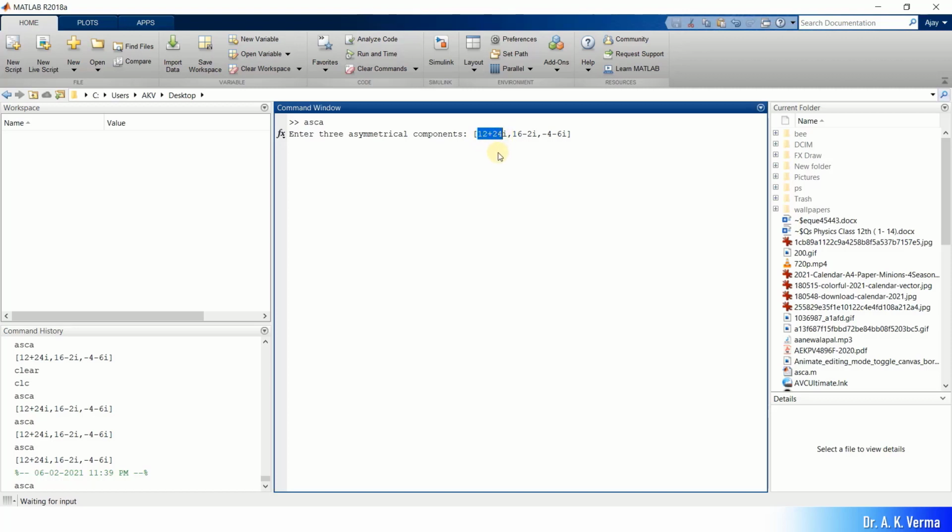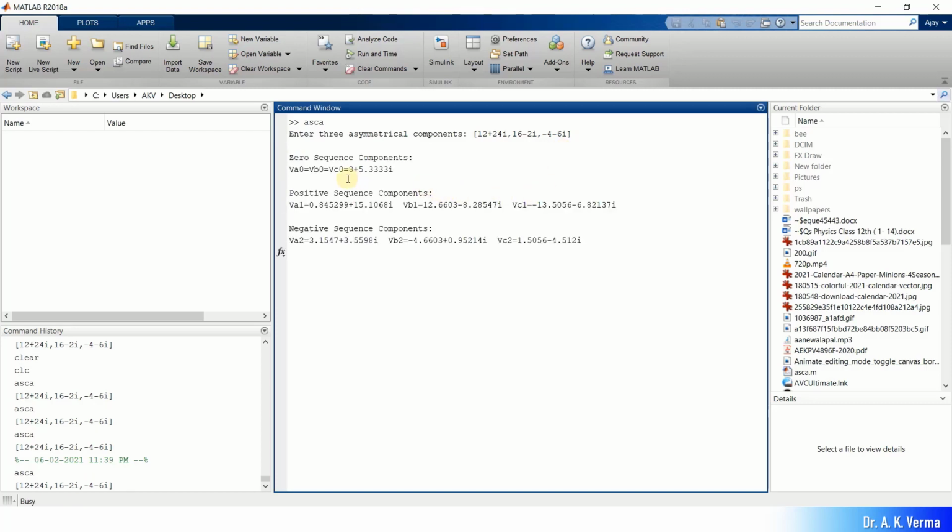The same value I am checking here, which I have already covered in the example analysis, so you can match the results. The second one is 16 minus 2j, and then minus 4 minus 6j. This is how you can give these three values related to your unbalanced voltage vector or current vector. I will simply press enter and I will get the answer.